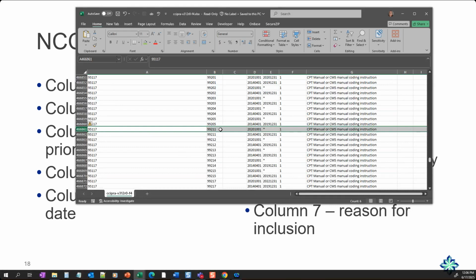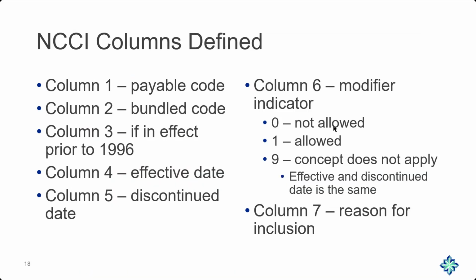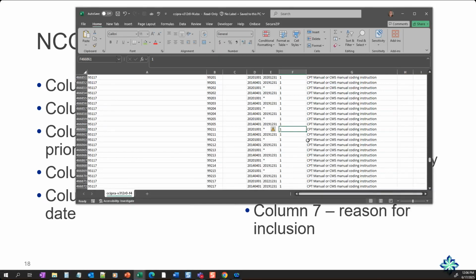It has the 99211, and it has a modifier indicator of 1. So this is the date, and then it's showing you if it's in effect. So it has a 1, and here it is showing that a modifier is allowed in that instance. So that is just an example of how you'd read through that. And that's available. We have included a link in your resources section to where you can access those lists for the NCCI edits.